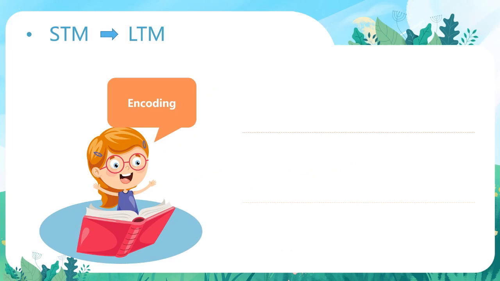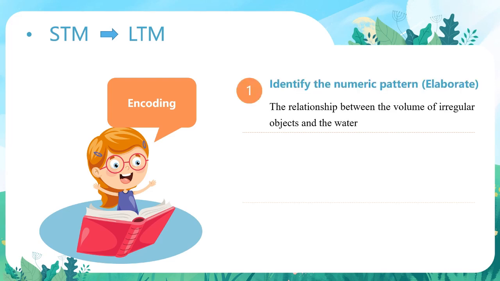After students store their short-term memory, we often support in turning short-term memory into long-term memory. Here are our strategies to help students encode their short-term memory. Firstly, we inspire students to think about the situation that the water might overflow. Through the elaboration of this question, students can further identify the numeric pattern and the relationship between the volume of irregular objects and the water.